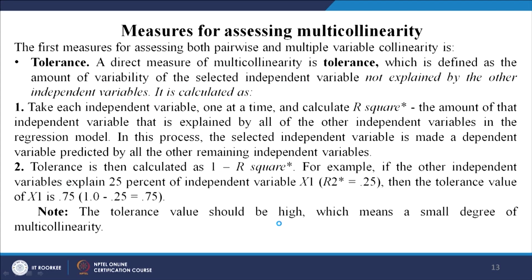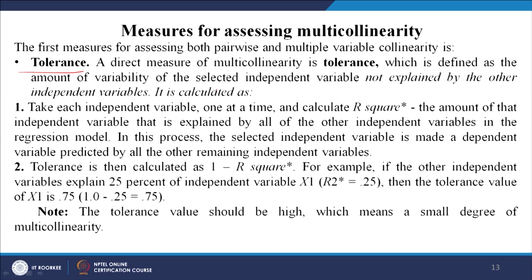So, how do we check? The first measure for assessing both pairwise and multiple variable collinearity is tolerance. What is tolerance? It is a direct measure of multicollinearity, defined as the amount of variability of the selected independent variable not explained by the other independent variables. How is it calculated?